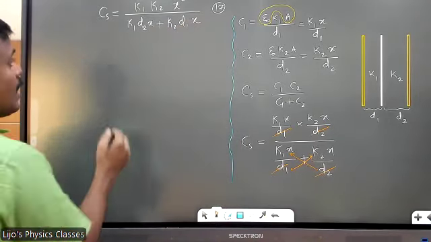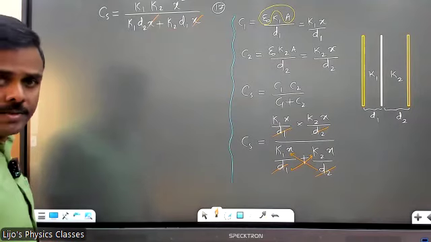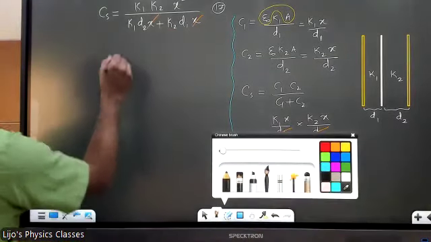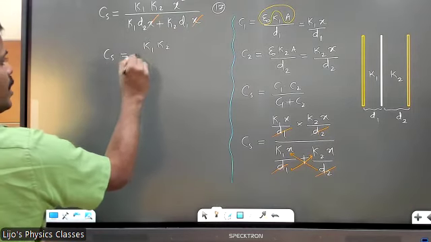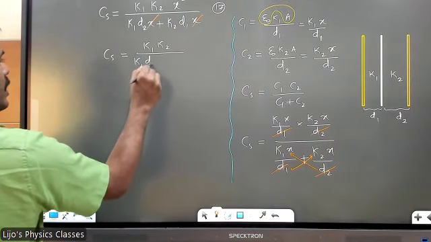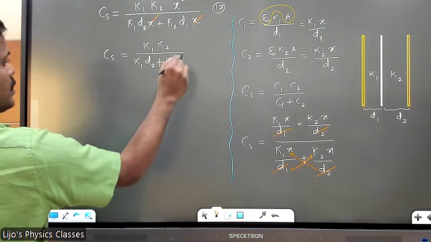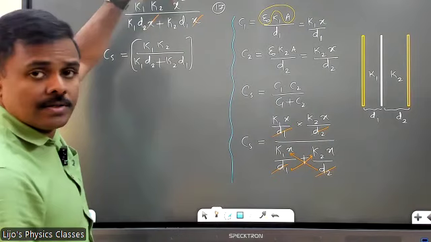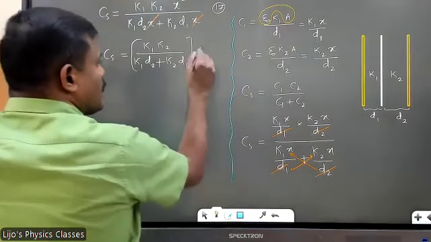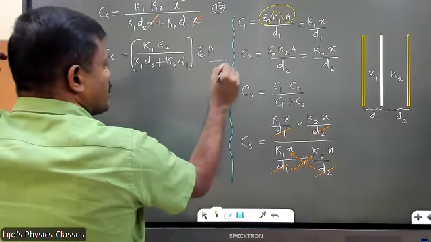I know that I have a common x in the denominator that is cut with this x, right? So finally, I have my equation: C series is equal to K1 K2 by K1 D2 plus K2 D1, into x. What did I call x? Epsilon 0 A. That is my equation number 1.